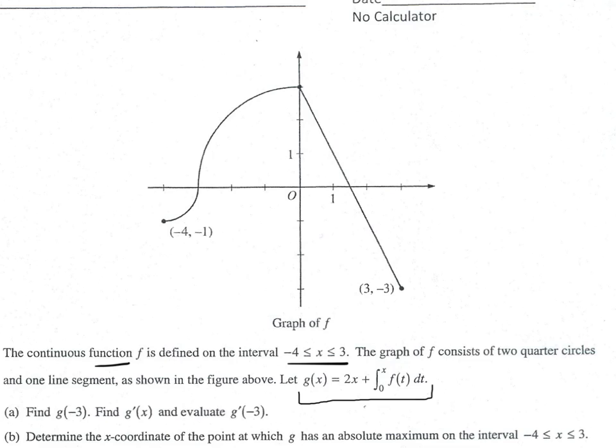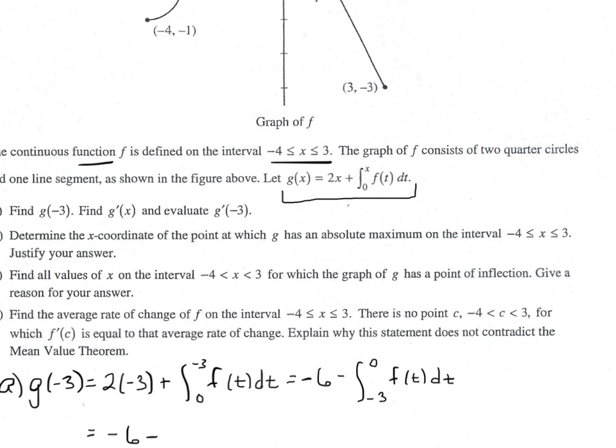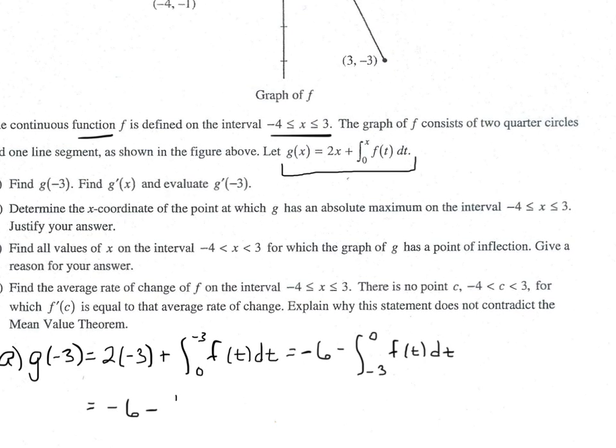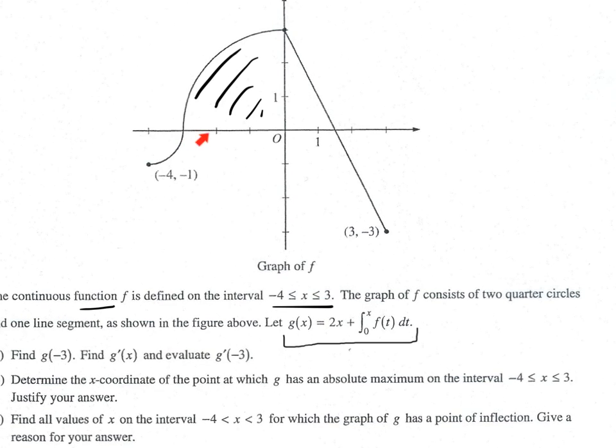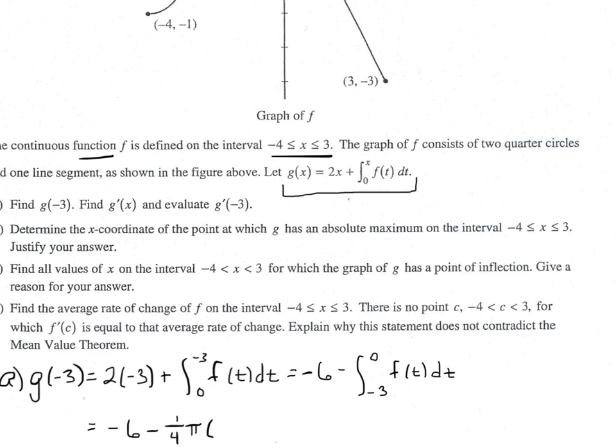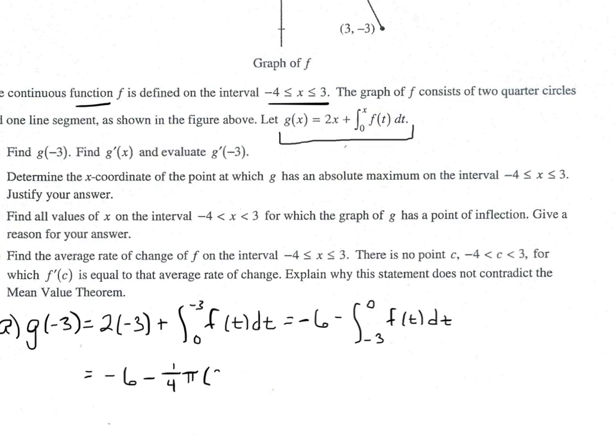So we're going from -3 to 0. So we want the area of this quarter circle. So that would be 1/4 of pi r squared, and r looks like it is 3 units. So we get -6 minus 9 pi over 4.